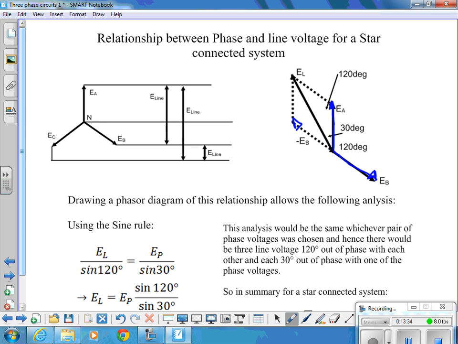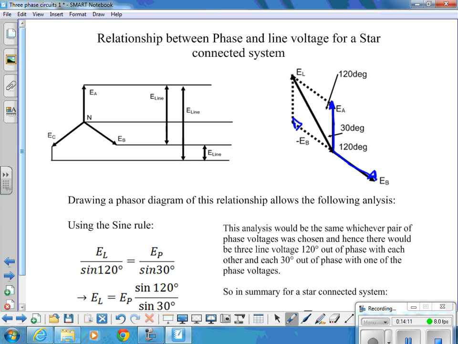And then we add the positive EA to the minus EB using a parallelogram, and we end up with a line voltage that's 30 degrees out of phase with one of the phase voltages. And if we were to draw all the line voltages on there, each line voltage would be 120 degrees out of phase with each other. But that diagram gets rather complex, so I didn't bother to do that. Alright, what we do to one, if we did it to all the others, it would be effectively the same.